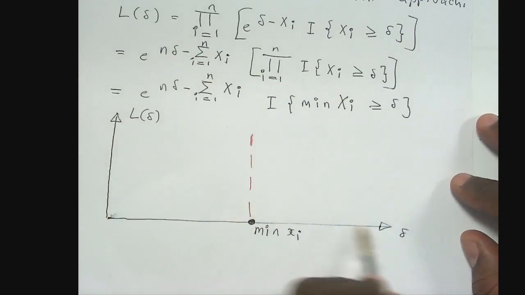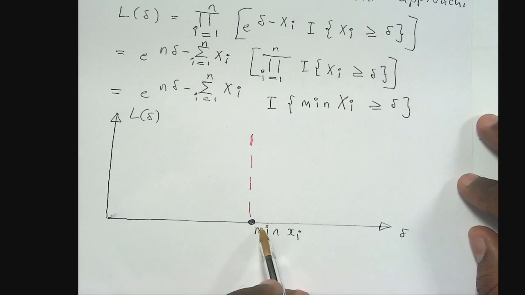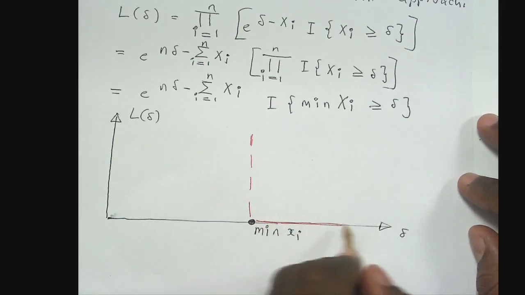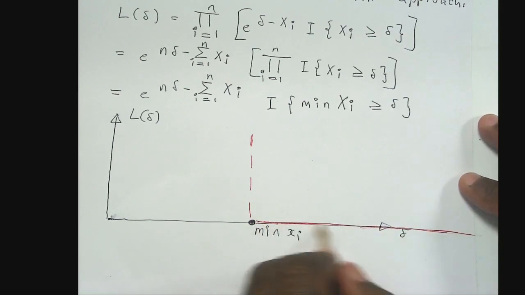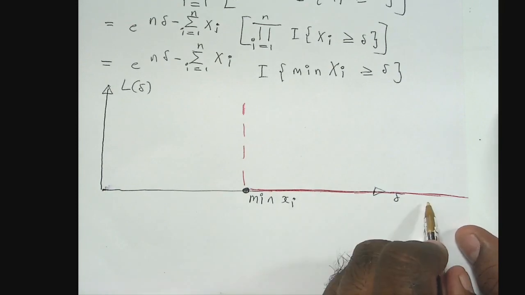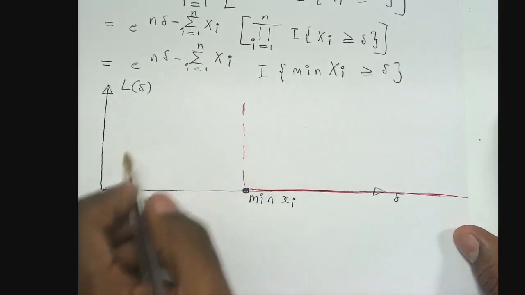On this side, delta is greater than the min of xi, so this fails to hold. Therefore, the function will be 0 on this side.